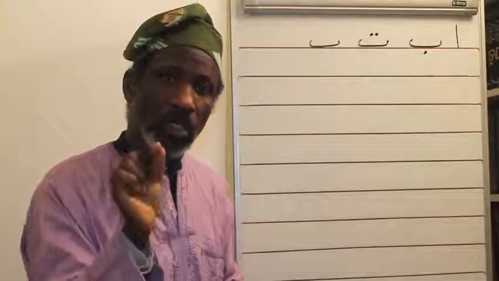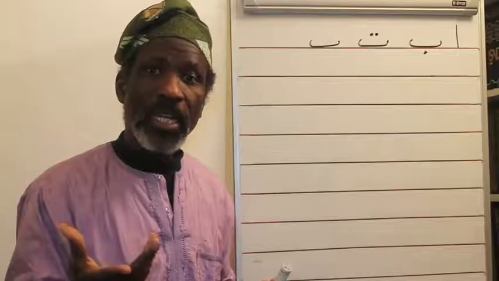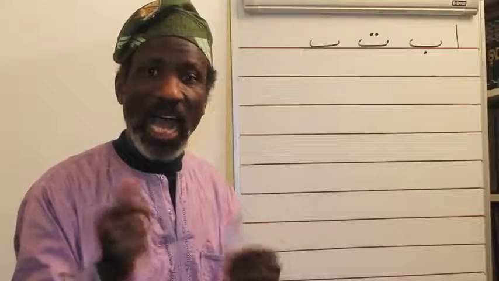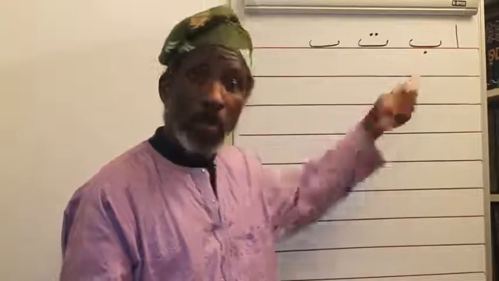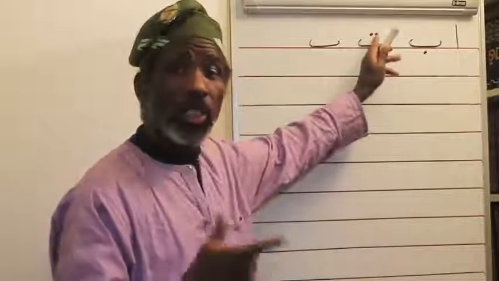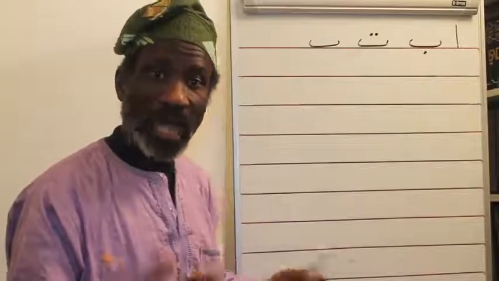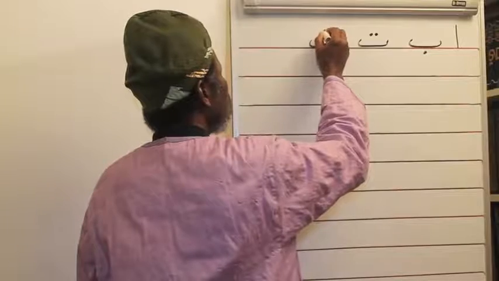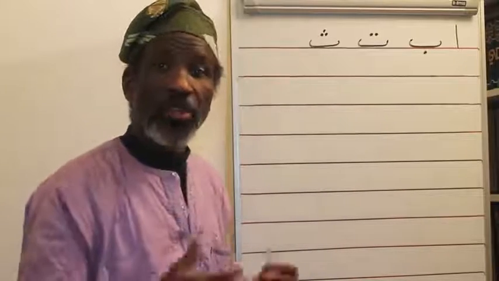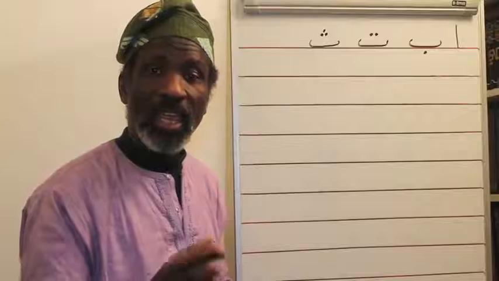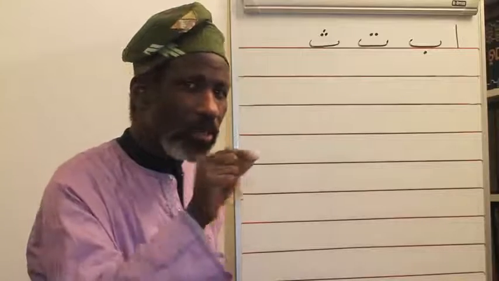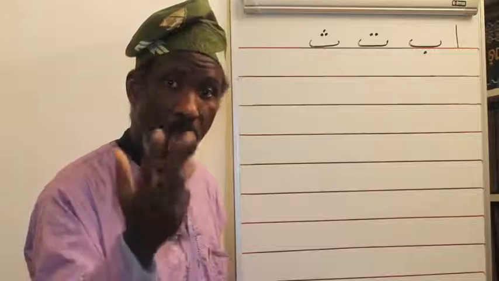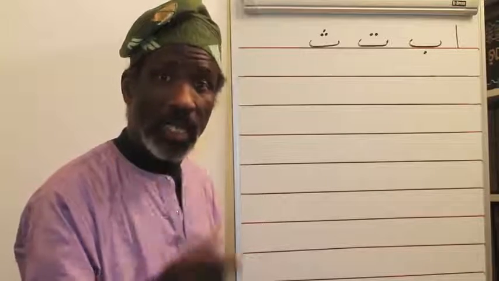I want the two dots to trigger the name of the letter, ta. So we have one below, ba, two above, ta. Let's put three dots, that's tha. So the boat family, one dot below ba, two above ta, three tha.